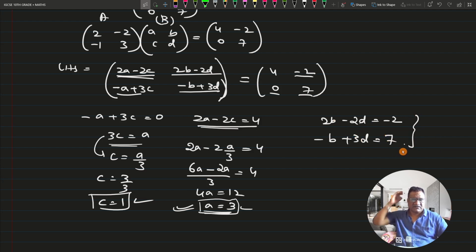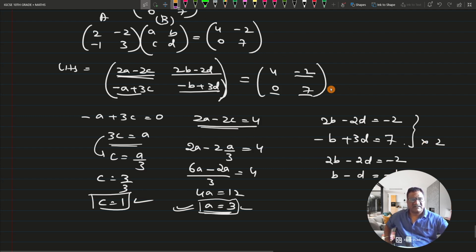So the first equation is 2b minus 2d equal to minus 2. This can be written as b minus d equal to minus 1. And this equation, instead of multiplying by 2, I'm going to keep it as it is. So the second equation will be minus b plus 3d is equal to 7.